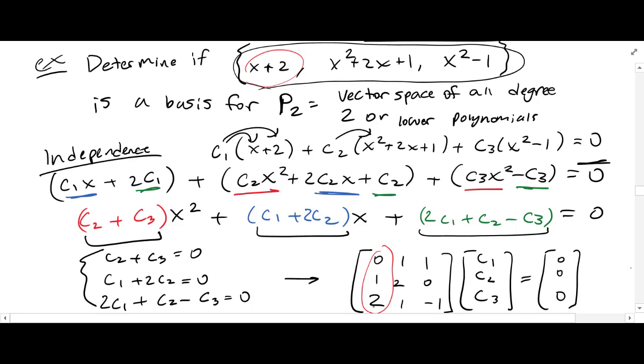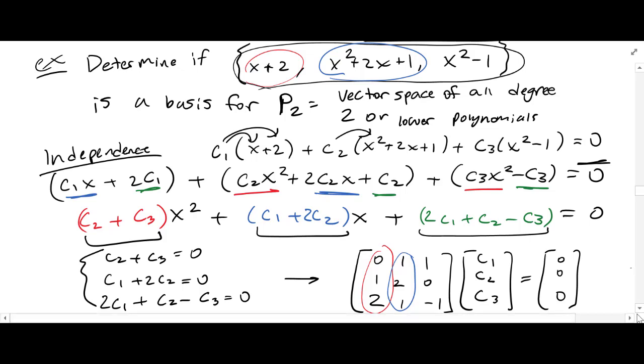The second column corresponds to this polynomial, x squared plus 2x plus 1, because there's a 1 for the coefficient of x squared, a 2 for the coefficient of x, and a 1 for the constant term. So you could have just looked at the problem and gone straight to this matrix equation, by reading off these coefficients and putting these polynomials as the columns of this matrix. But this process is why that works.